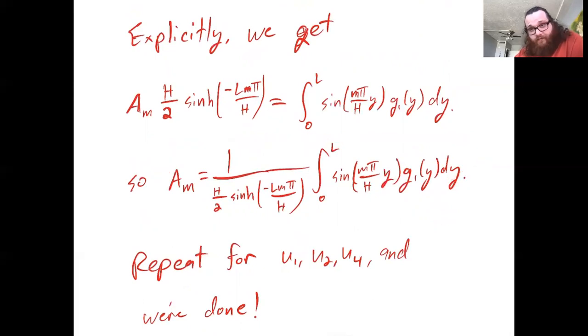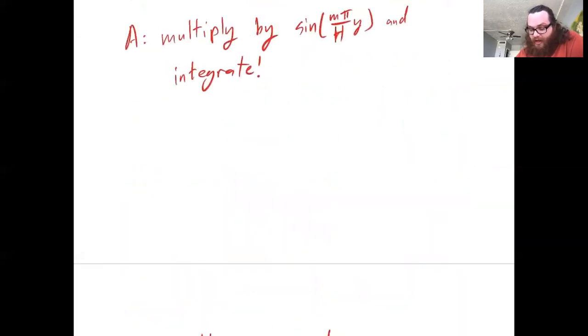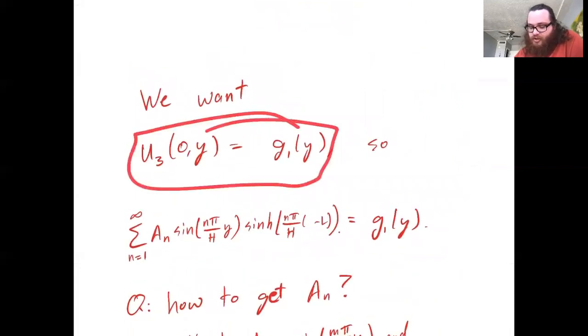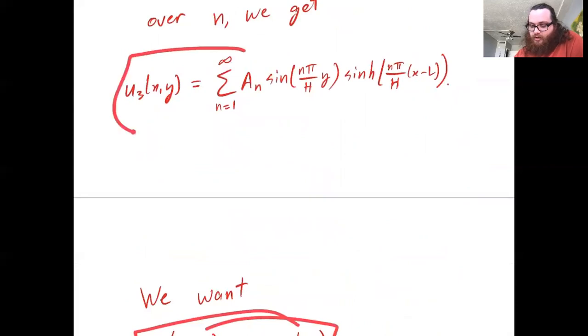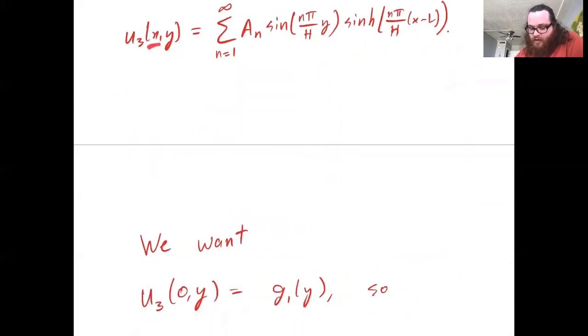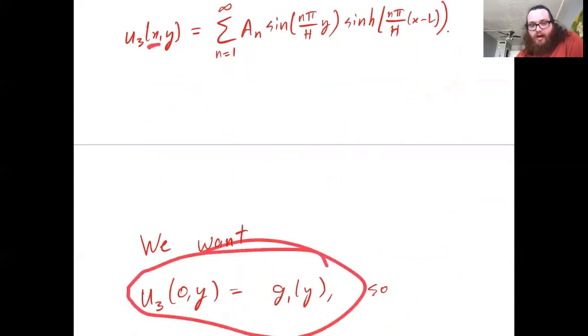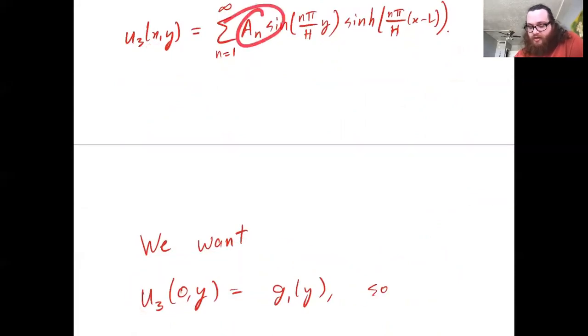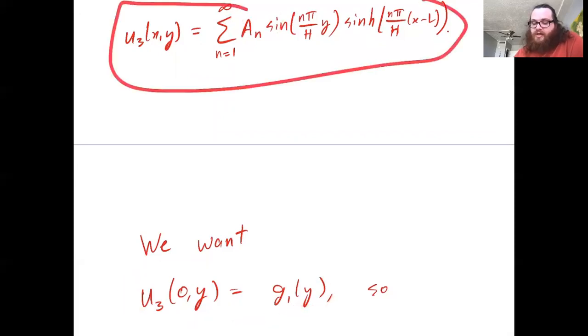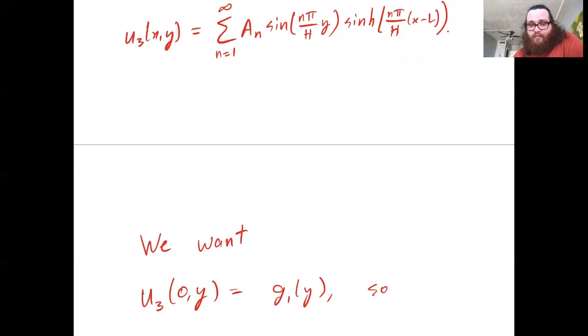We've figured out these coefficients in such a way so that our solution u sub 3, plug in x equals 0, you get g1 of y. We now know how to figure out a sub n so that exactly this holds. This solves the PDE everywhere else, and we're done.